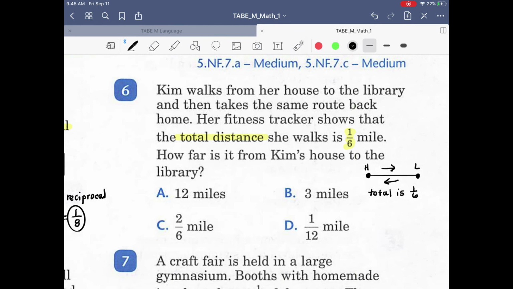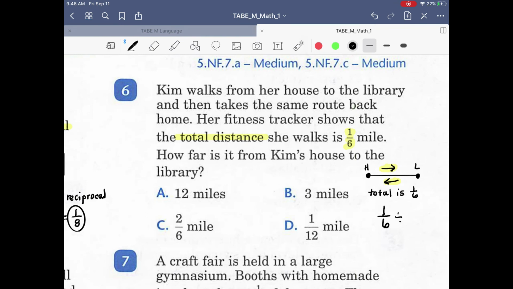total is the dividend. Total is the number that will come first in a division problem. So 1/6, and to get your divisor, it took her 2 trips to do the 1/6.